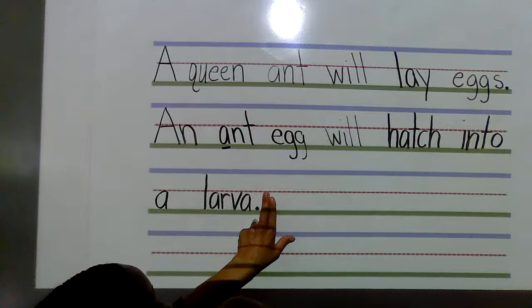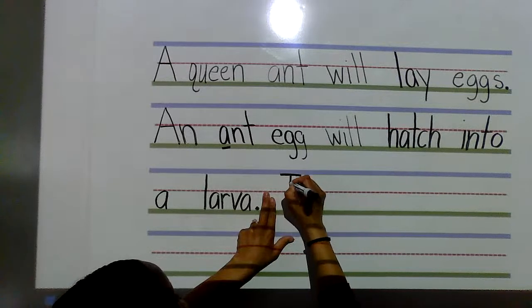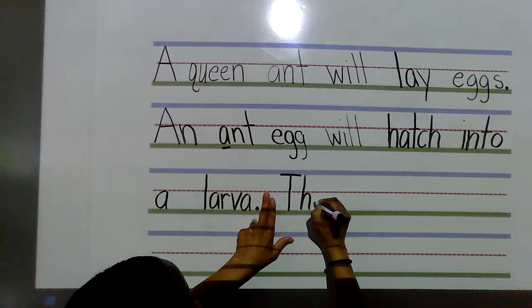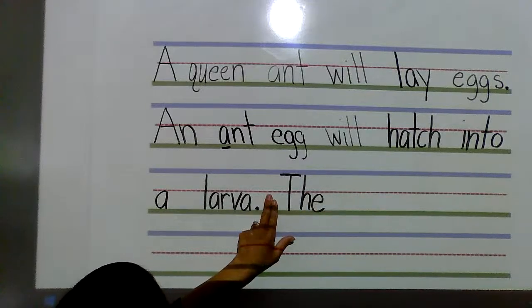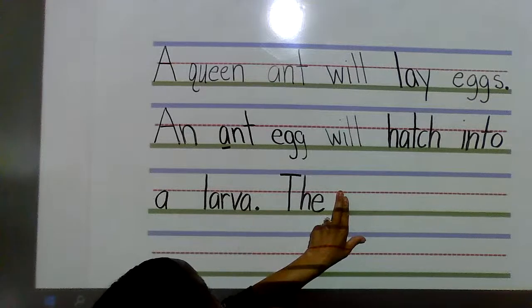So I'm starting a new sentence, so I need an uppercase letter. I want to write the word the. Can you spell the for me? T-H-E. Good job. The larva. So I already wrote larva, so I don't really need to sound it out again. I could go back and look at it. Can you spell it for me?